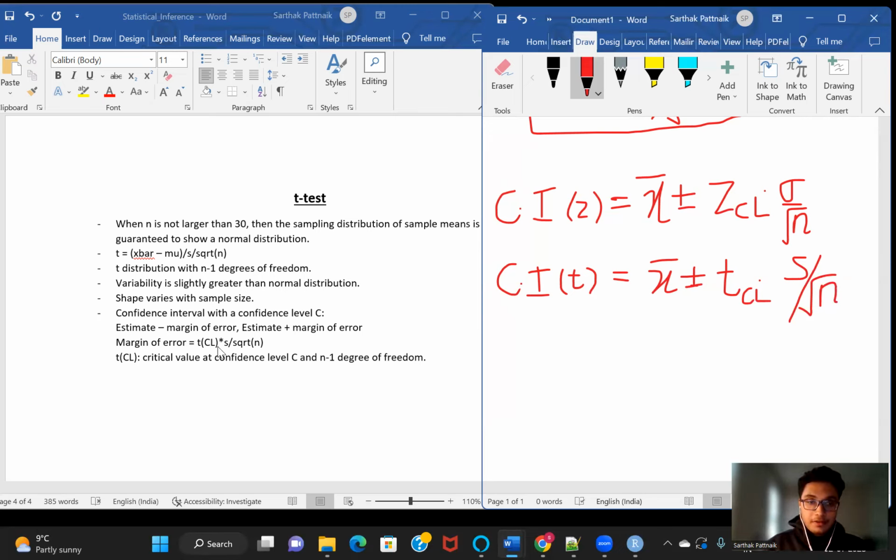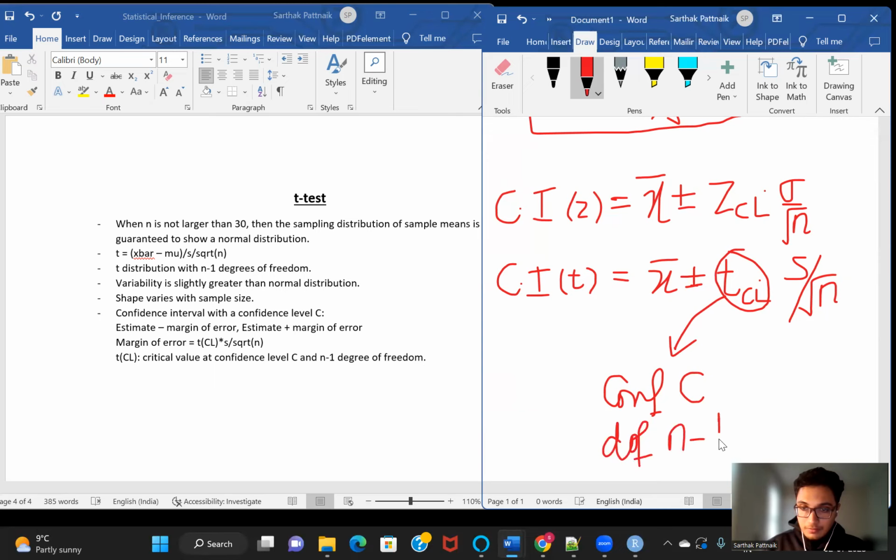So this value of t critical is basically the critical value at confidence level C and degree of freedom n minus 1. All right.